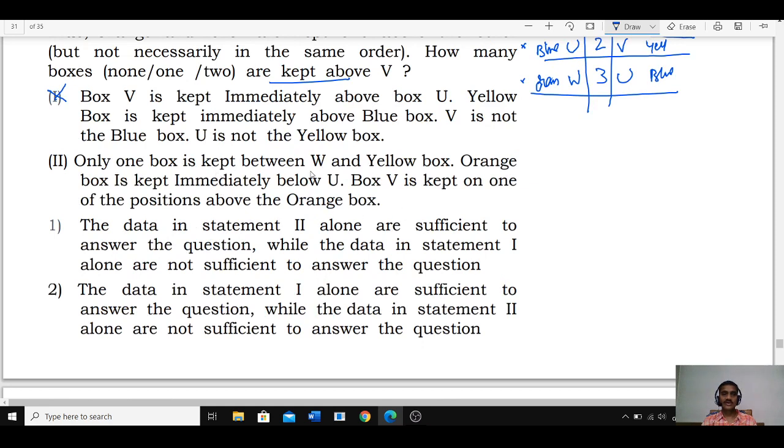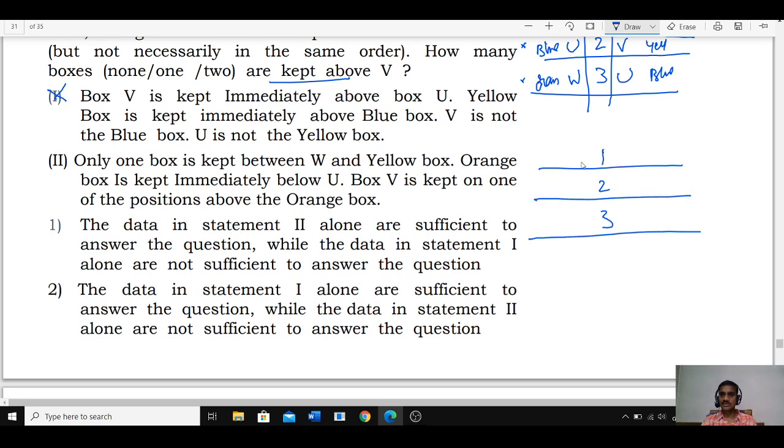Then coming to condition number 2. Now in this condition number 2, 3 boxes, 1 2 3. Let us check with condition number 2. Only one box is kept between W and yellow. Wherever W is, yellow is here, only one box between W and yellow.